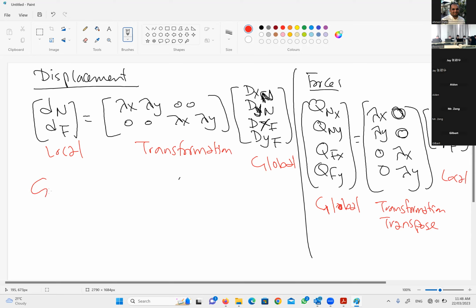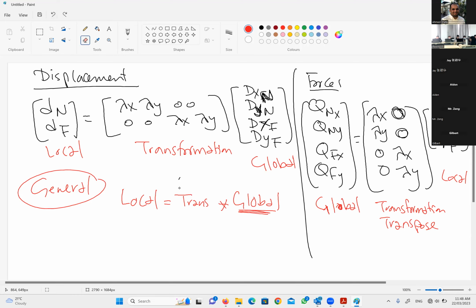So generally, and this is a general rule, to get local from global, we multiply the global by the transformation matrix.